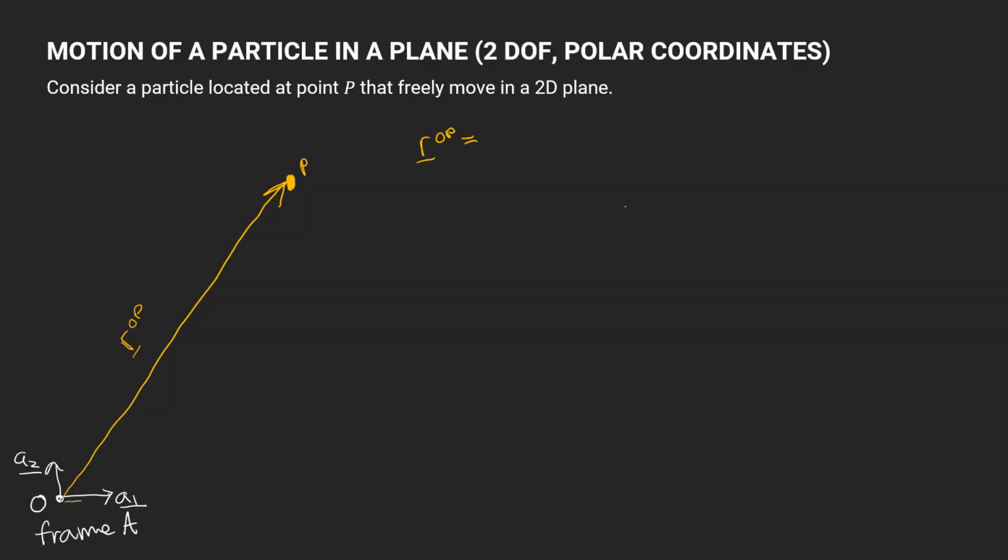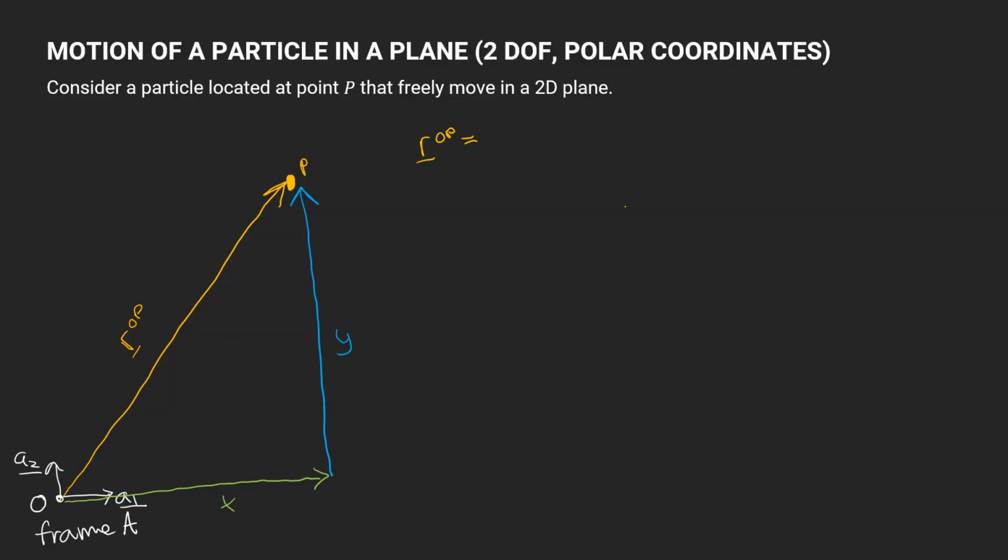So in the last video, you saw that we broke down the two components of this position vector, one component in the A1 direction, one in the A2 direction. And we described the magnitude of these components as X and Y. And we just assumed that we knew those quantities.